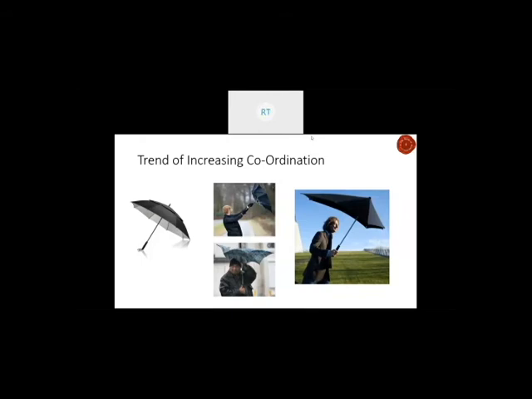What a sense umbrella does is it ensures that the air has a path to follow and it does not dislodge or interrupt the coordinates of the umbrella as such. It provides a streamlined flow for the air to take a path and go ahead without hampering the umbrella altogether. So this is the trend of increasing coordination. Now you have started coordinating with the way the super system is.